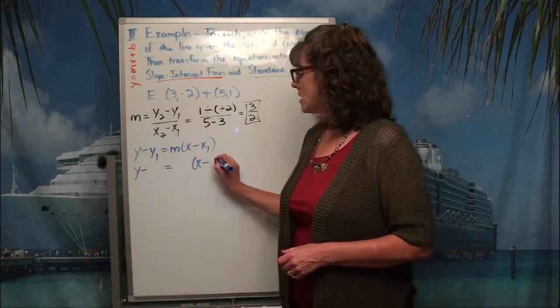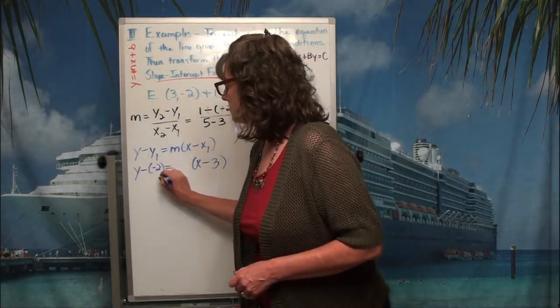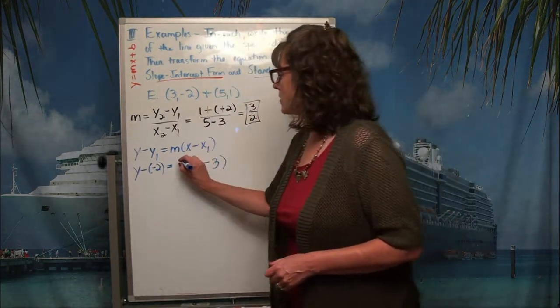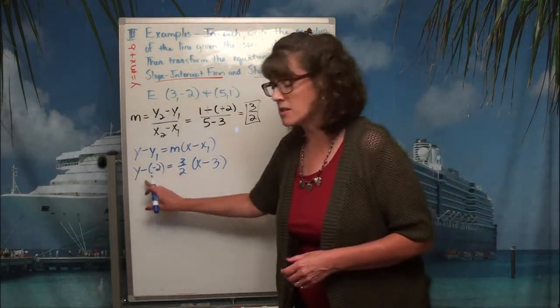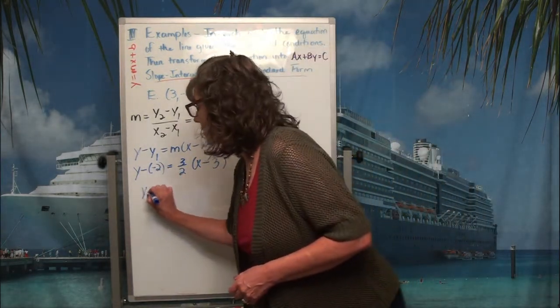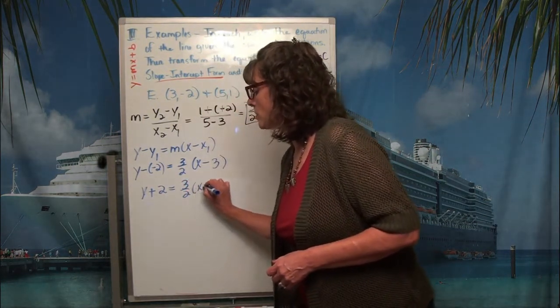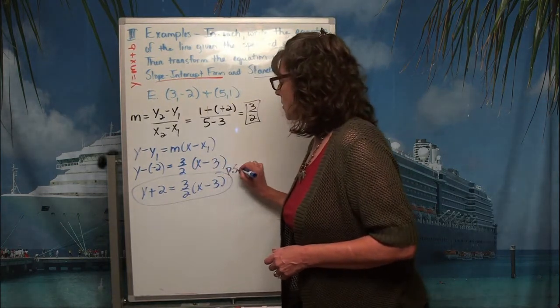So this 3 is the x-coordinate. The negative 2 is the y-coordinate. And my slope is this 3/2 that's right here. Now remember, with the point slope form, I need to clean up this kind of stuff here. Subtracting a negative is really adding a positive. But remember, with point slope form, I don't need to distribute through. So here is point slope.